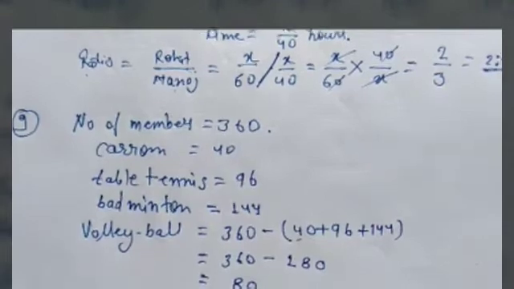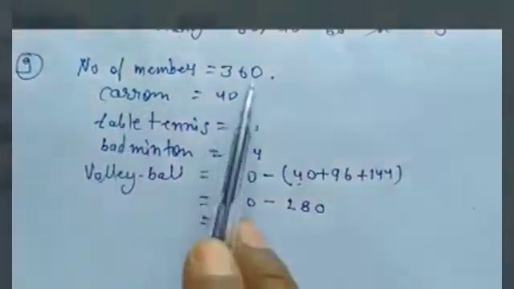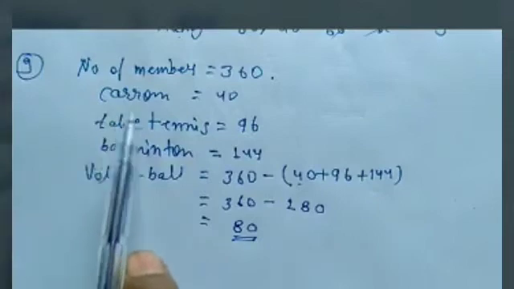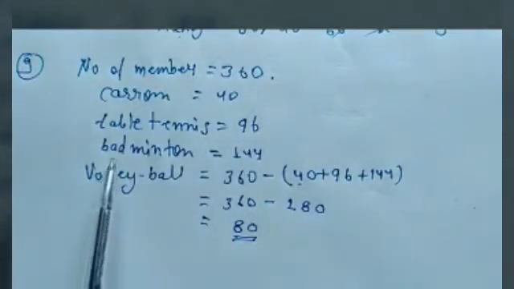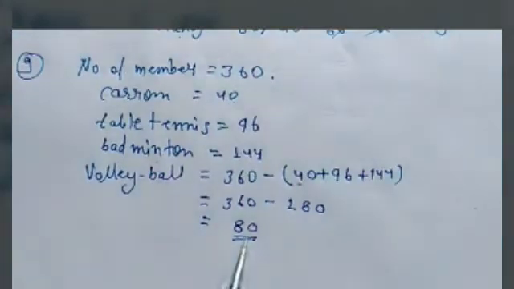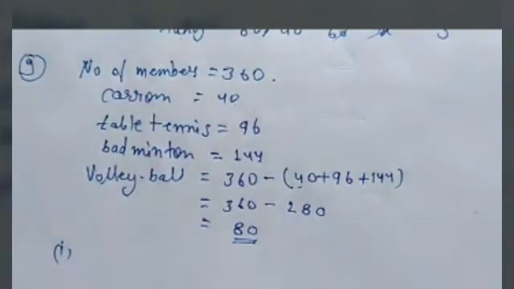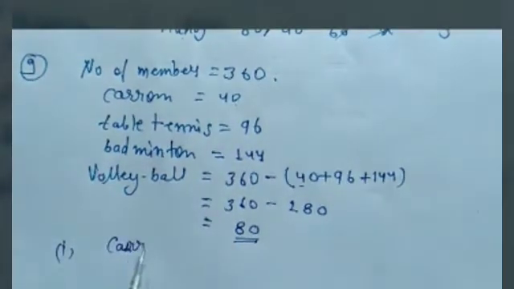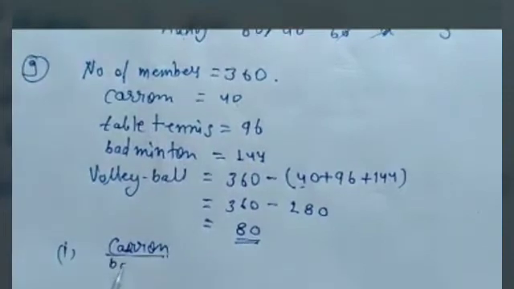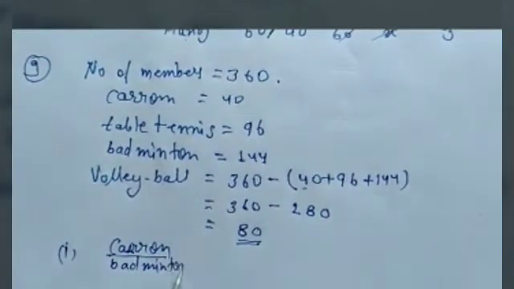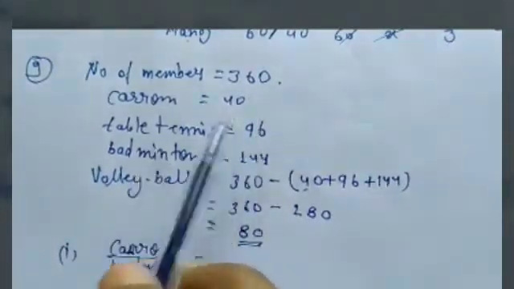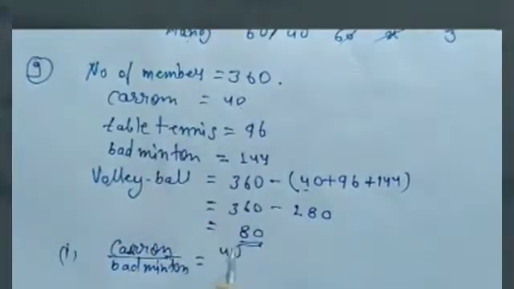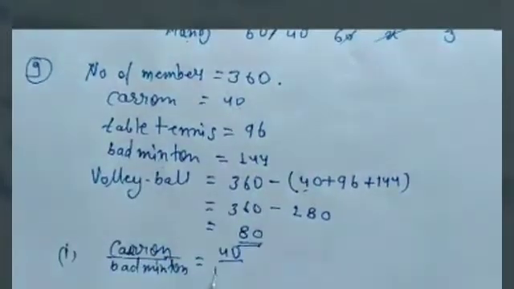So now the distribution of members is: total number of members 360, players for carom 40, for table tennis 96, badminton 144, and volleyball players are 80. Now point 1, first point is the number of those who play carom to the number of those who play badminton, means carom to badminton equals, how many members are there for carom? 40 upon, for badminton 144.